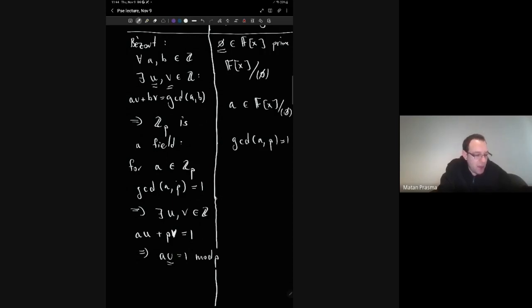And the Bezout lemma, which has a version in terms of polynomials, guarantees that I have polynomials u and v such that au plus phi v is equal to 1.